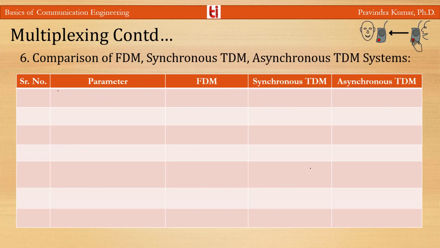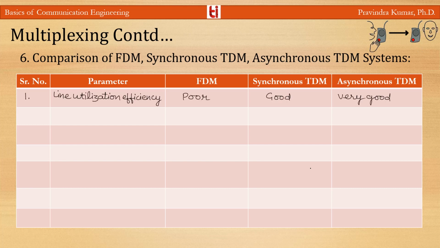Now, the comparison between FDM, synchronous TDM, and asynchronous TDM systems. If we consider the parameters, first line utilization efficiency. The line utilization efficiency in FDM is poor, in synchronous TDM it is good, and in asynchronous TDM the line utilization efficiency is very good.